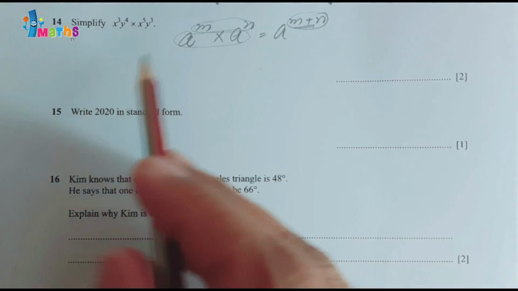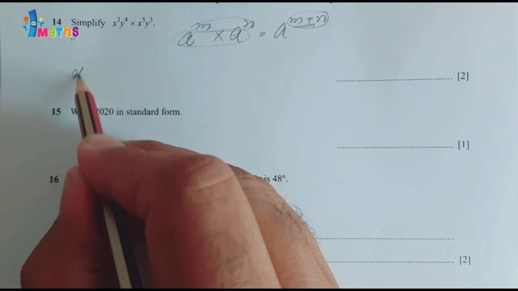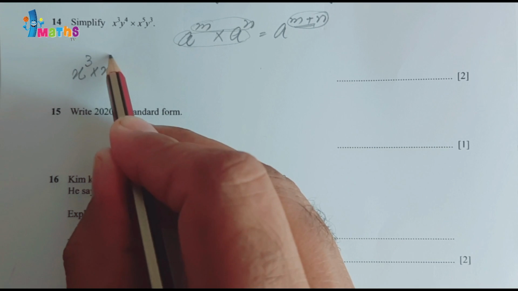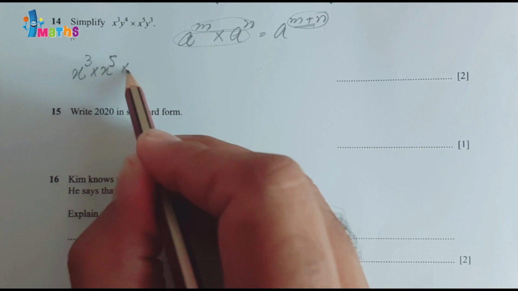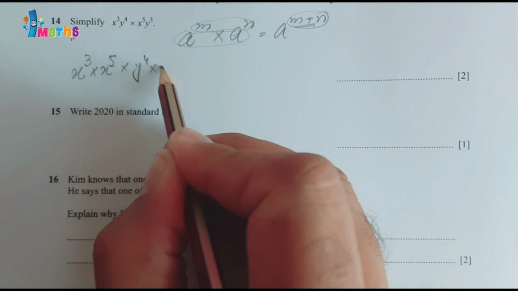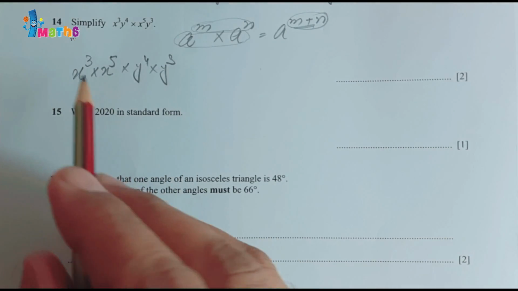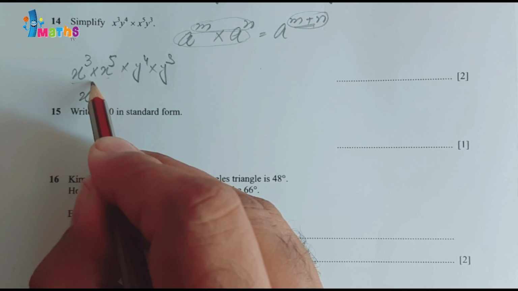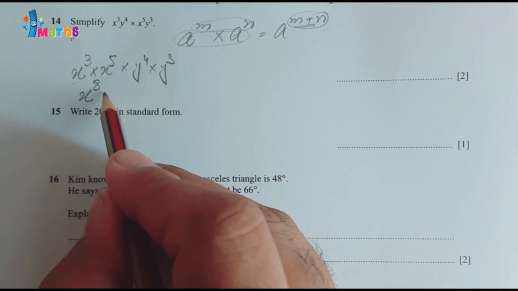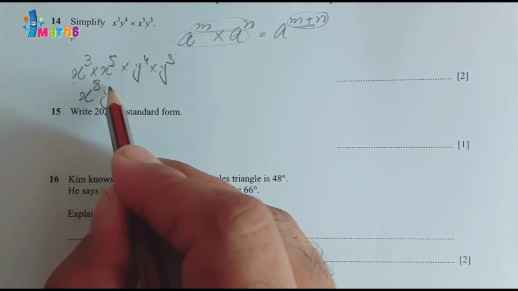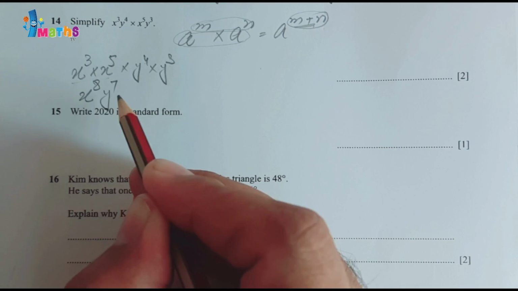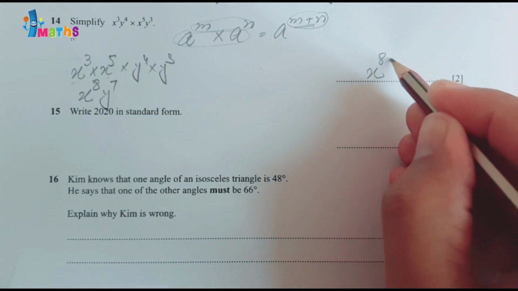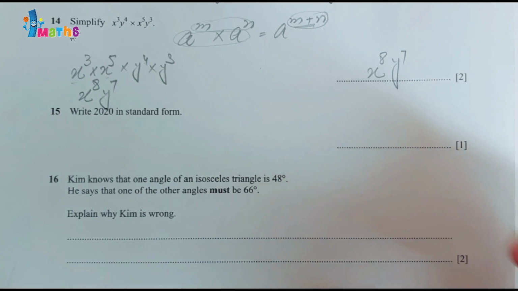Similarly, here we can write x cube into x5 into y4 into y cube. So these can be summarized as x raised to the power 3 plus 5, which is 8, and y raised to the power 4 plus 3, which is 7. So we can write the final answer as x raised to the power 8, y raised to the power 7.